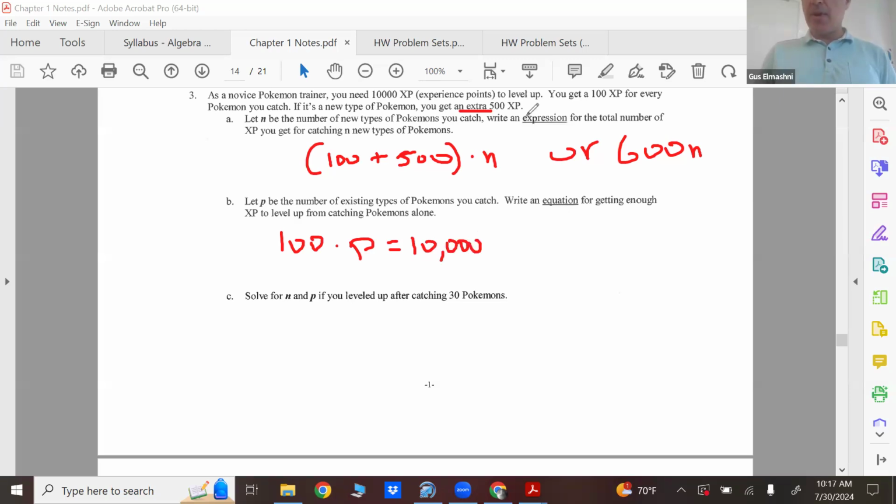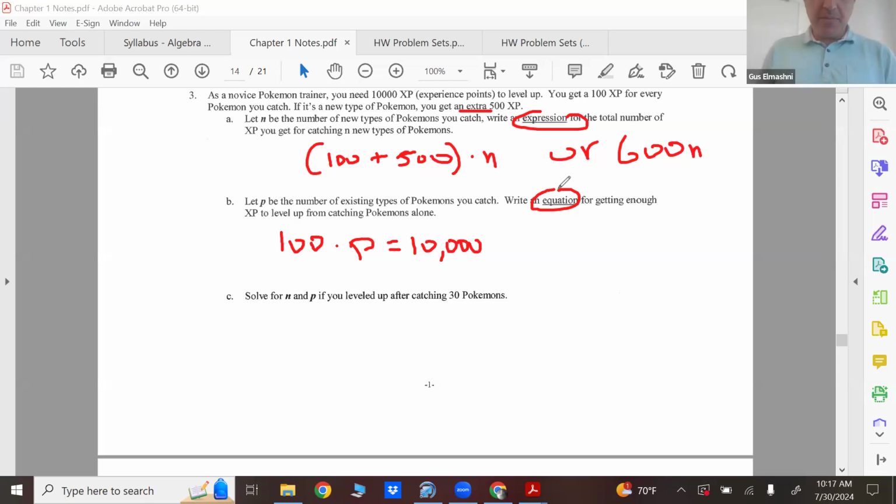So notice we did an expression for part A, but here we did an equation because you have to have an equal sign for an equation. And again, you're just catching existing types. So you're just using 100, not the 500, not doing new types. And you have to get the 10,000.